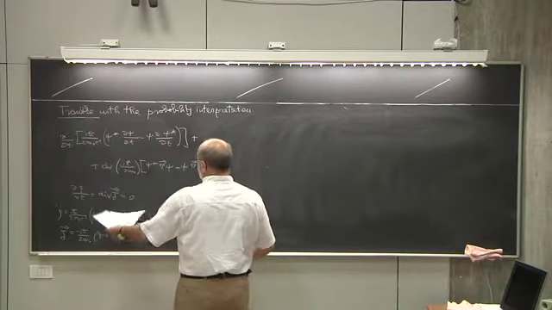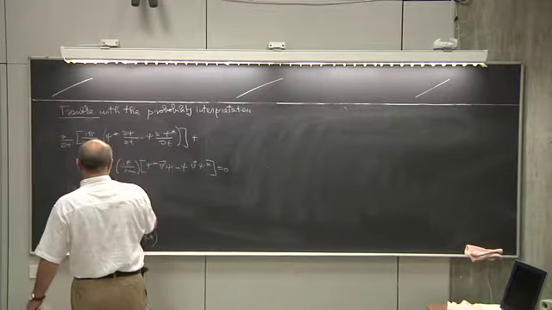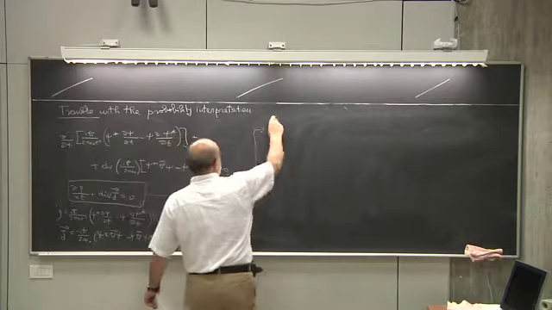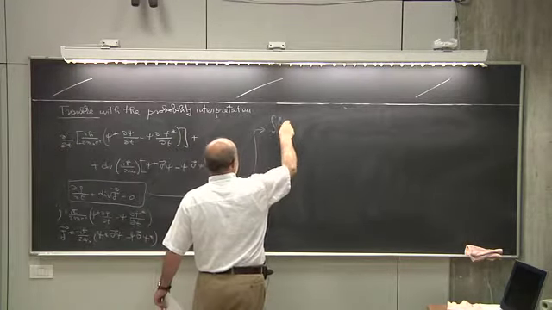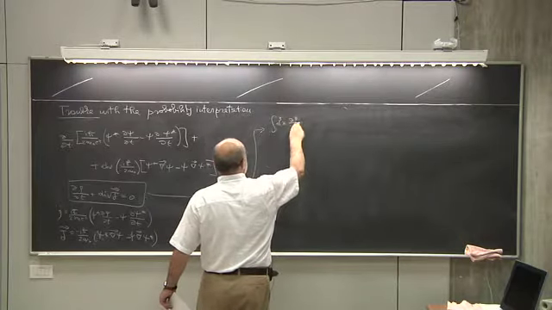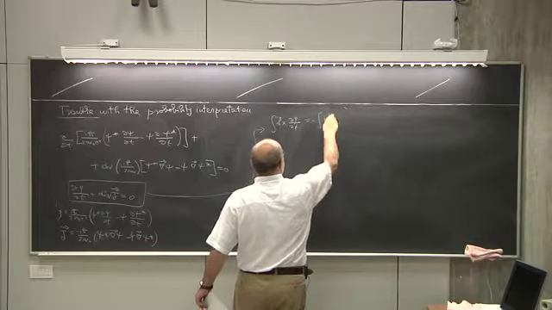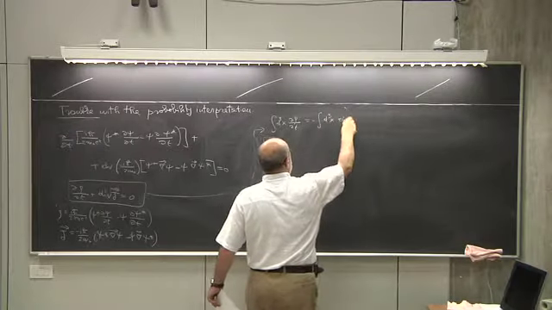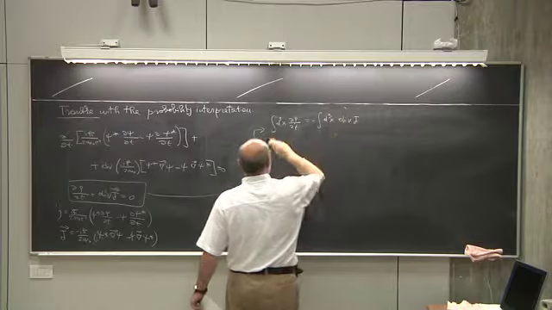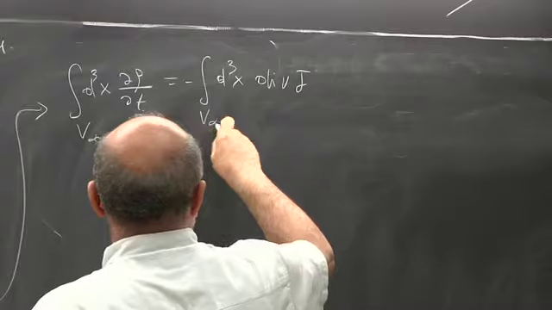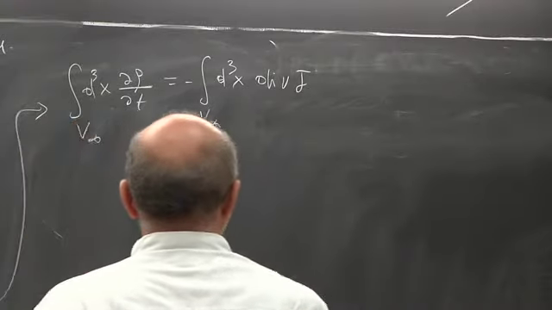Now, from here, it's easy to derive the usual conservation law. How do you do it? Well, you integrate over d3x, over all the volume of the system, to infinity.